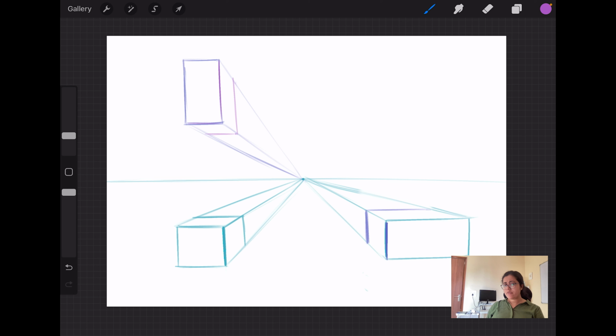Now, what if we have to make something of a different shape? Let's make a different shape. Instead of making cuboids, I'm going to try one more shape. Let's say my shape this time is basically this.